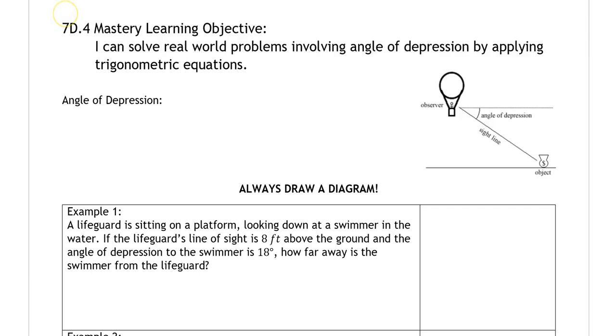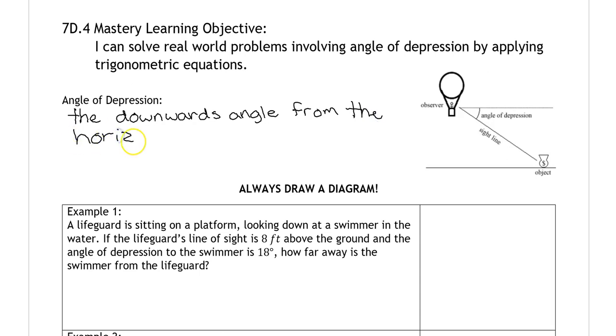So, what is the angle of depression? The angle of depression is the downwards angle from the horizontal to the line of sight of the observer.